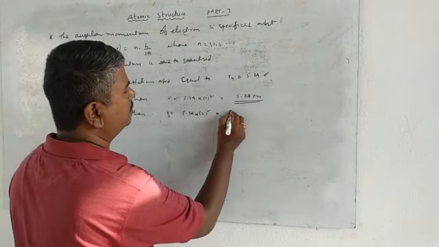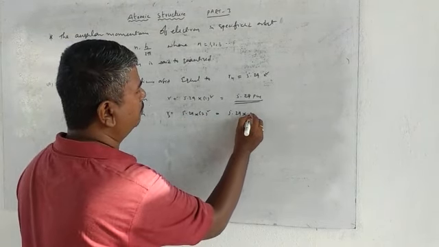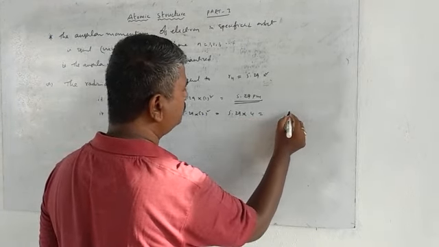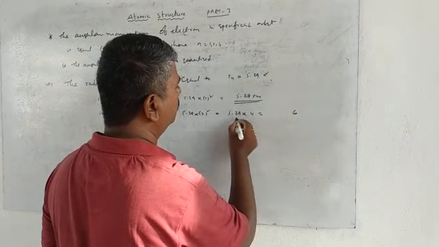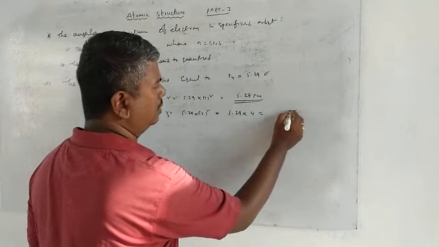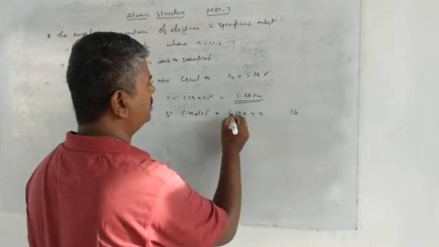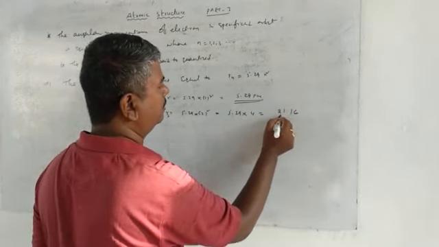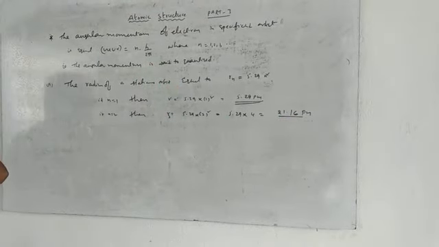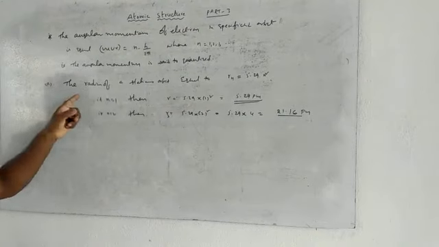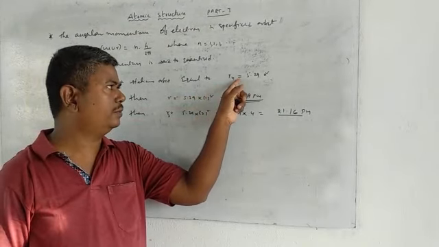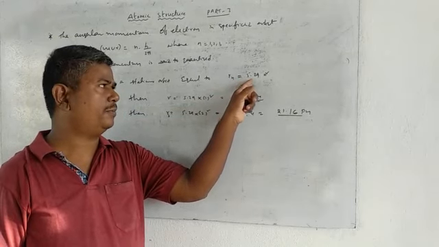That means 5.29 into 4, which is 21.16. So like that, from the Bohr atomic model, the atomic radius of a stationary orbit Rn equals 5.29 n square.